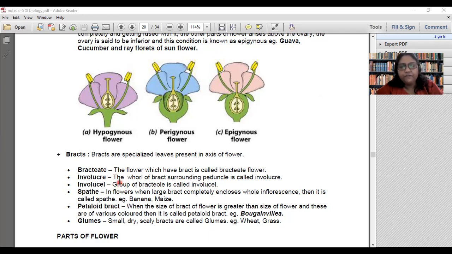Now, if there is a whorl of bracts which is surrounding the peduncle or which is surrounding the structure in which flowers are arranged, we call that type of bract an involucre. What is an involucre? The group of bracts. So bract is a complete structure which may have more than one bracteole.